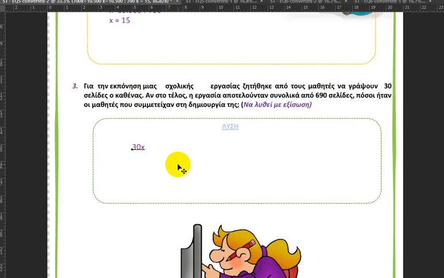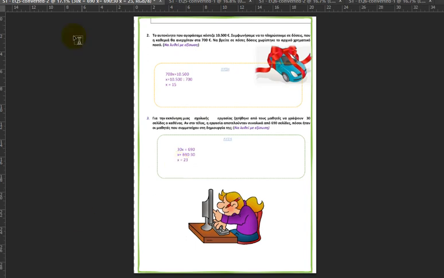So 30x needs to be equal to 690. That means that x will be equal to 690 divided by 30, which means that x is equal to 23. So 23 kids. And there we go.